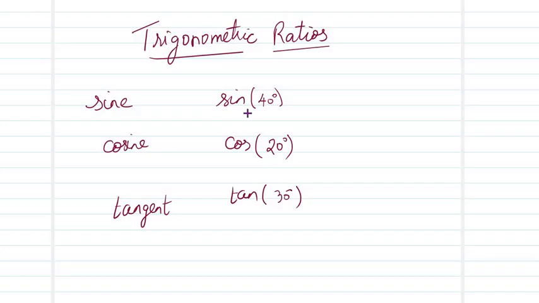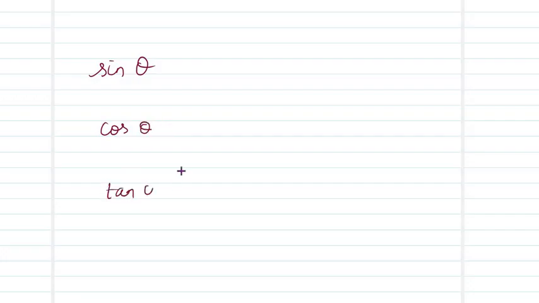And since we are calling them ratios, they are ratios of what? Basically, for the 3 trigonometric ratios, we'll take the angle to be theta. So sine theta, cos theta, tan theta. Sine theta is given by opposite divided by hypotenuse.